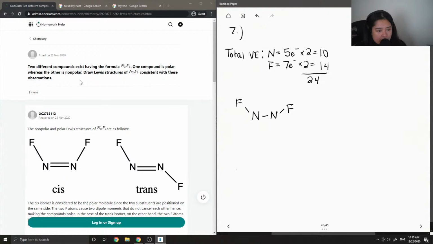And now I'm just going to draw out all of my lone pairs on these terminal atoms. Okay, so if we count it out, we have 2 electrons in each bond. So I drew out 1, 2, 3, 4, 5, 6. And I also have 6 electrons as lone pairs on each of the fluorines, so I only have 12 so far.